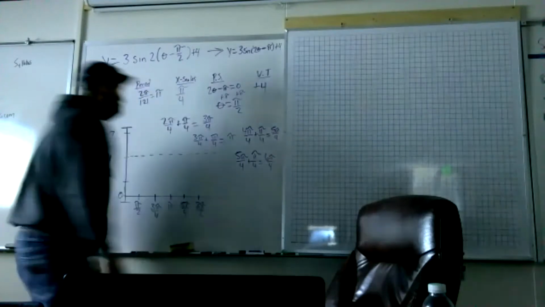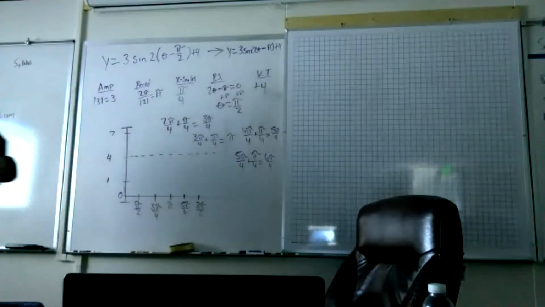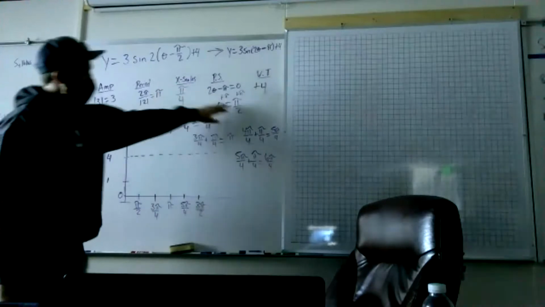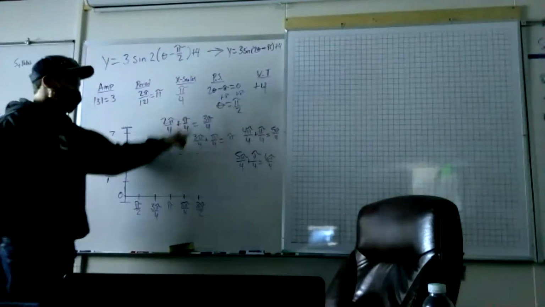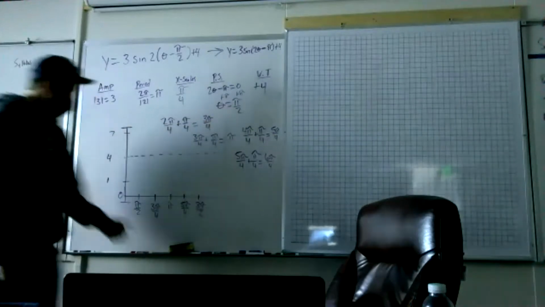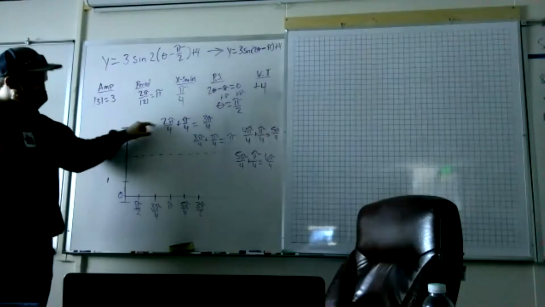Okay, the hardest part about dealing with radians is that we have to have common denominators when we're taking our phase shift plus our x scales. So my phase shift was pi halves to the right. Okay, in order to add pi fourths to that, I needed to have the common denominator of 4.